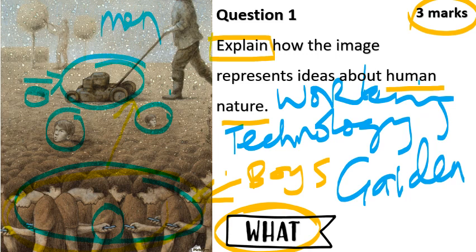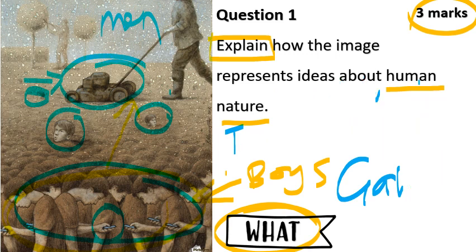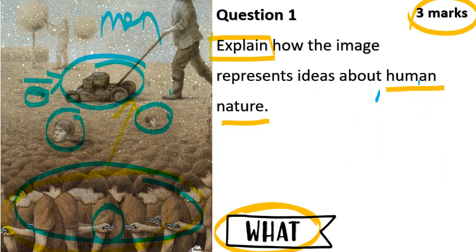So now that I've broken up the image a little bit and I've just paid attention to what I'm seeing, then we need to think about what these aspects are suggesting about human nature. So what ideas could it be telling me about us as humans? And this is a good opportunity for you to write down your ideas yourself.